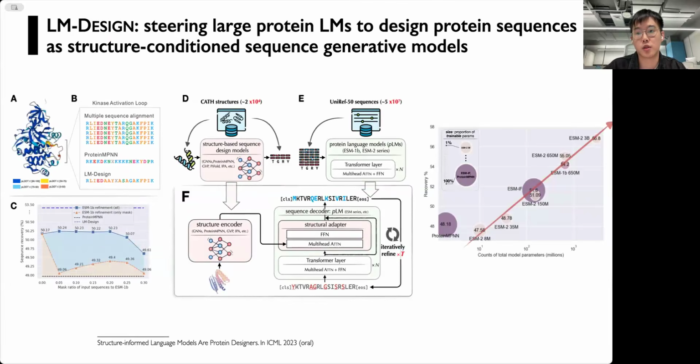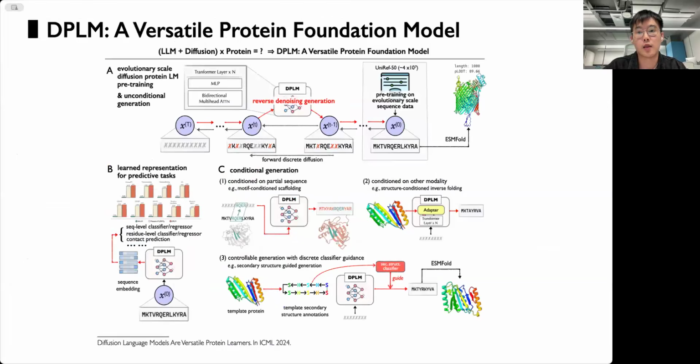In this work we repurpose a large pre-trained protein language model to design sequences for given structures. The work I will cover today is to develop a protein language model that can both understand and generate proteins.